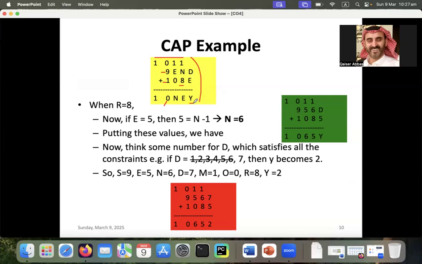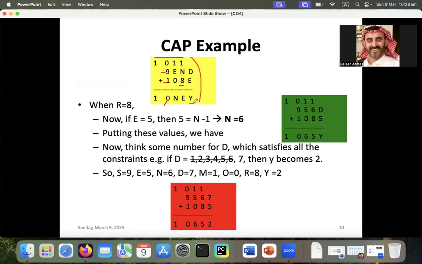4 letters are remaining. And you have to assign, what were the question? We have to assign digits from 0 to 9. 9 is done. 8 is done. 1 is done. 0 is done. When I say done, it means these are already assigned. So 9 and 8 are done.